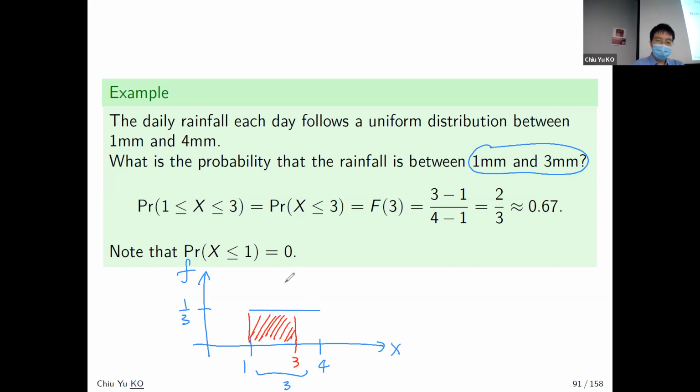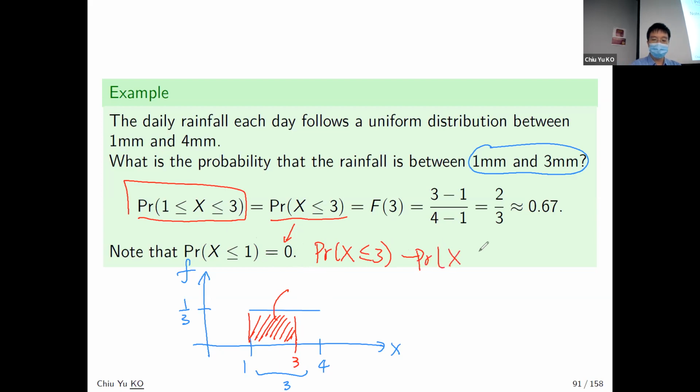So this area is this probability. It can be less than 3 because less than 1 has nothing. The reason is that this is 0, because there's nothing lower than 1.